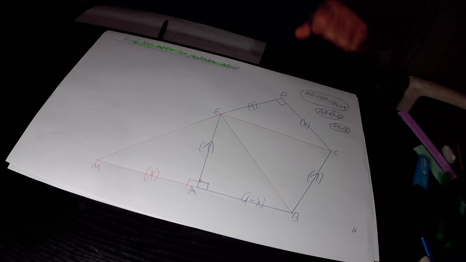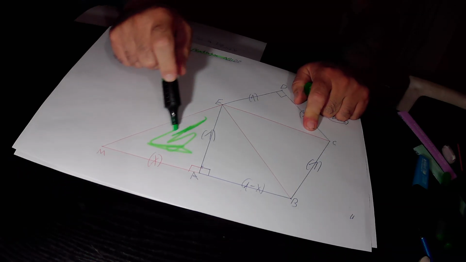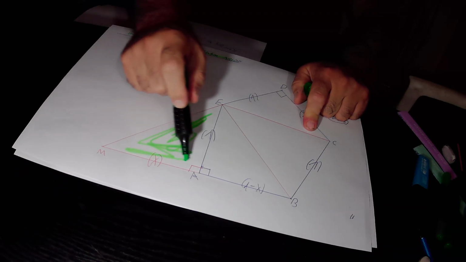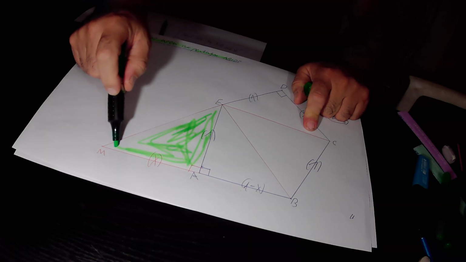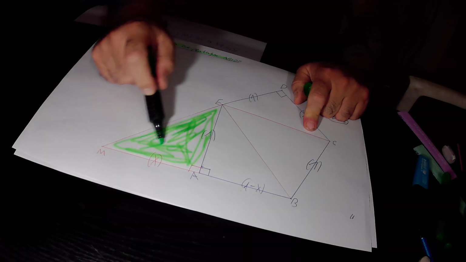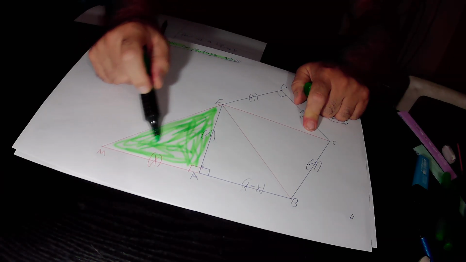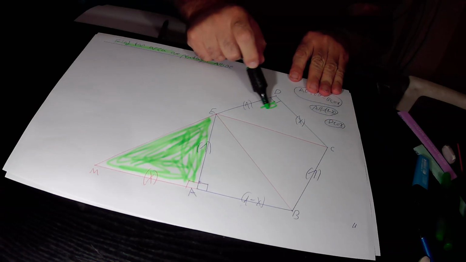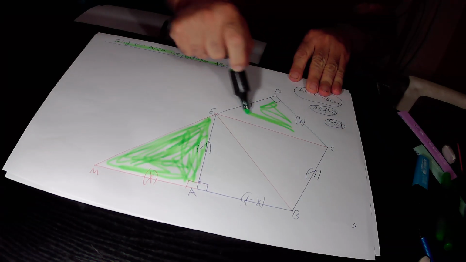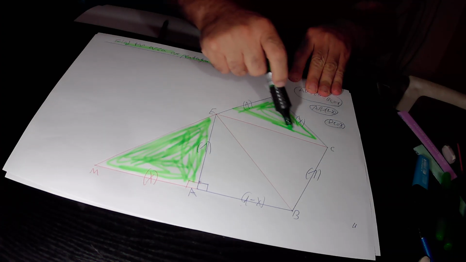So this is the right triangle EMA. It's going to this right triangle EDC according to the side-angle-side rule.